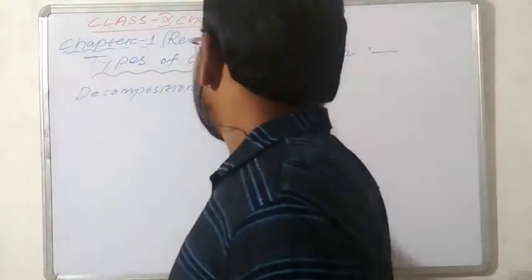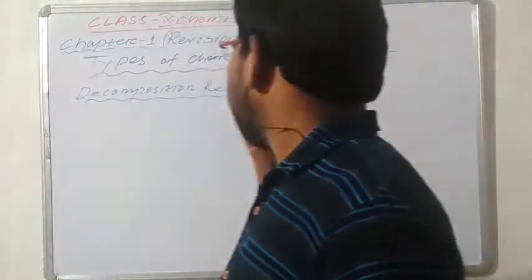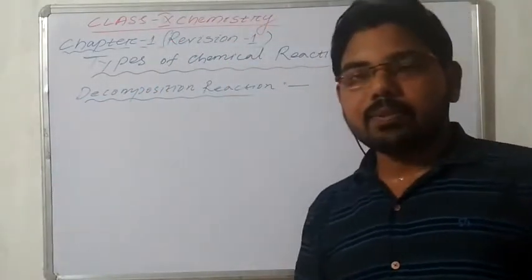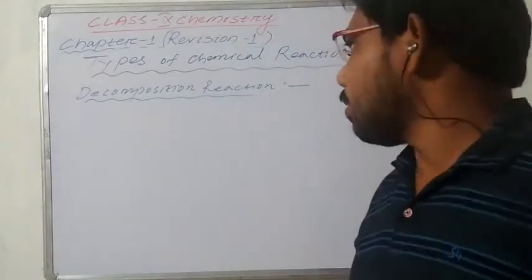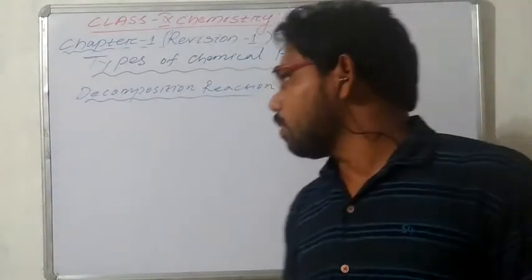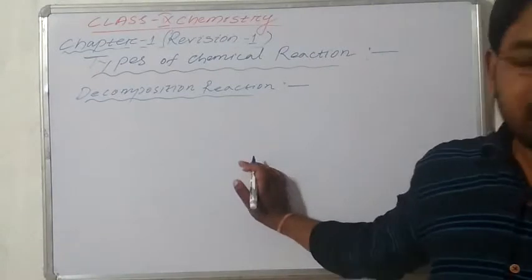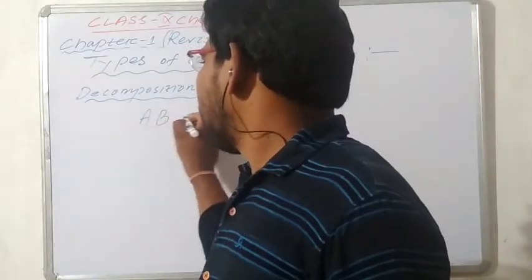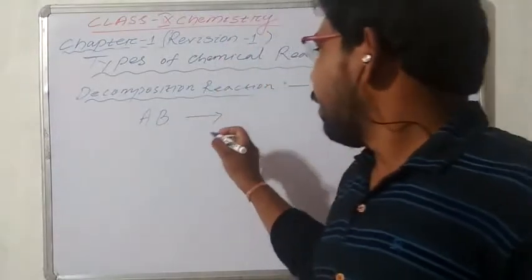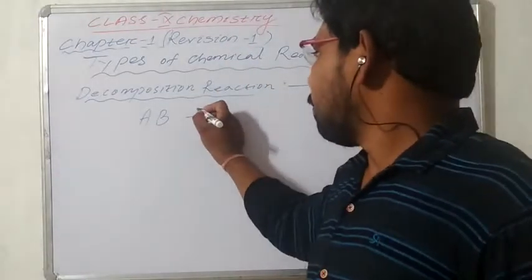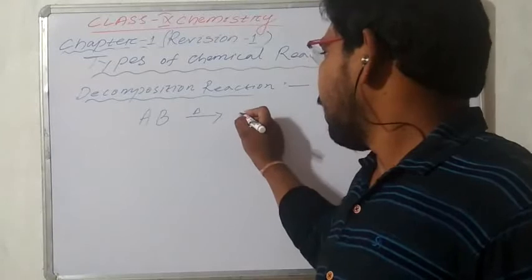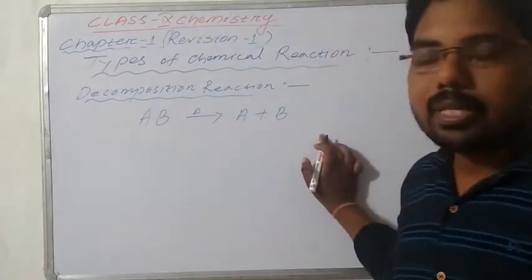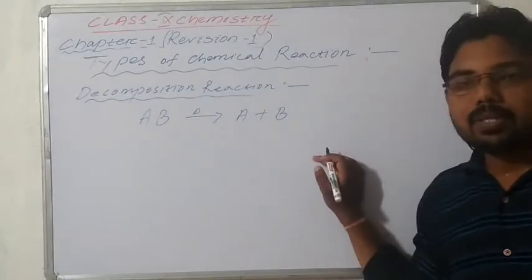The word decompose means to break. टूट जाना. ओके, एक सब्सटेंस टूट के दो और दो से ज्यादा सब्सटेंस फॉर्मेशन होने को बोलते हैं डिकम्पोजिशन. Decompose means to break. The general formula: suppose AB is a compound, and by breaking, in the presence of heat or light, this changes into A and B, two new substances. Then it is called a decomposition reaction.